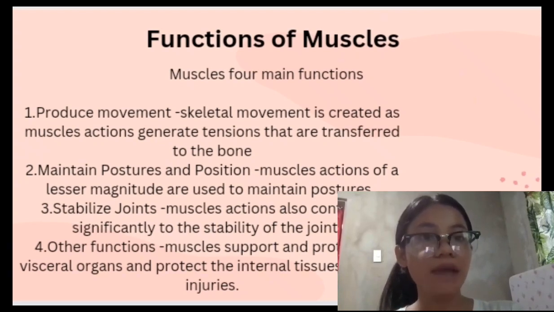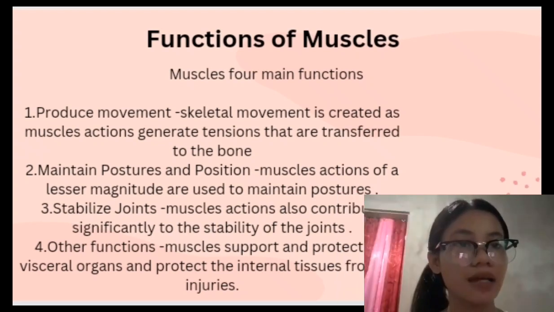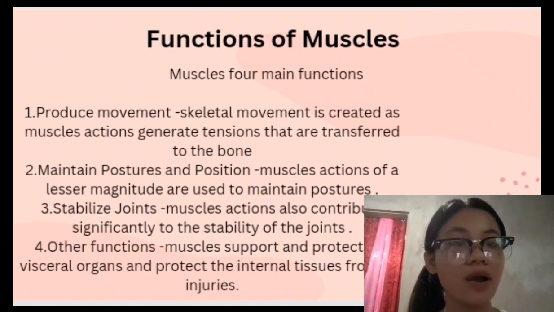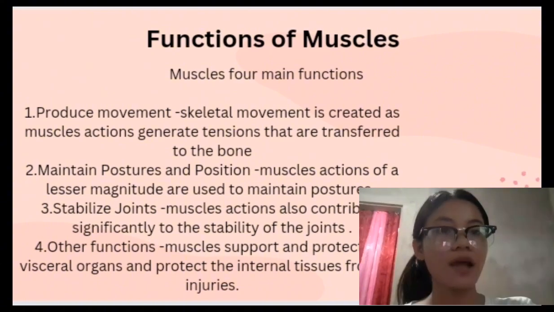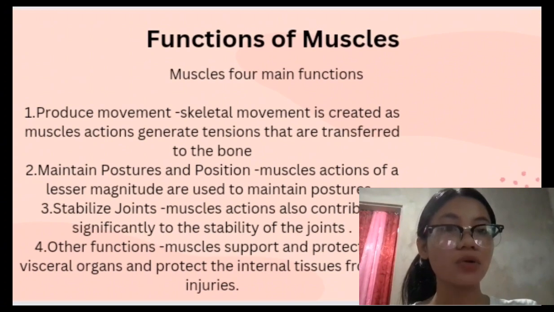Maintaining postures and positions are from muscle actions with lesser magnitude. Is stabilize joints, the state of a joint remaining prompt or returning to proper alignment. Other functions support and protect the visceral organs and internal tissues from injuries.